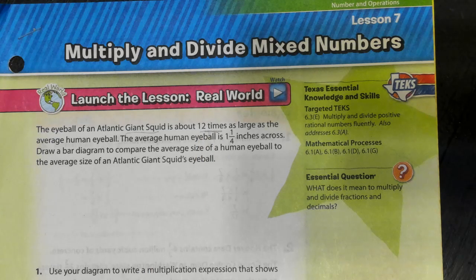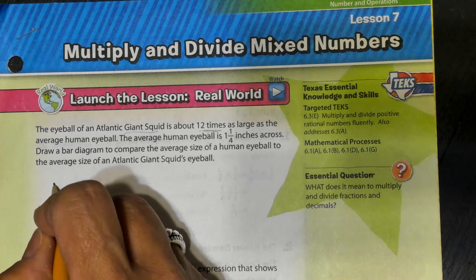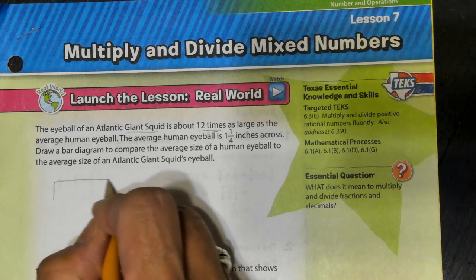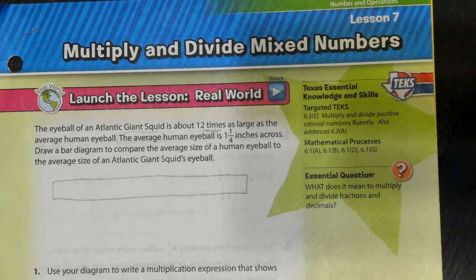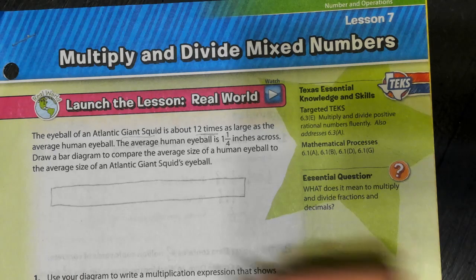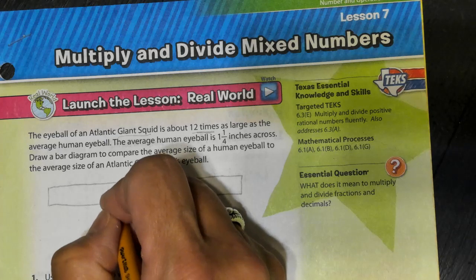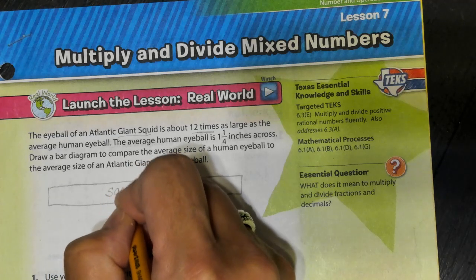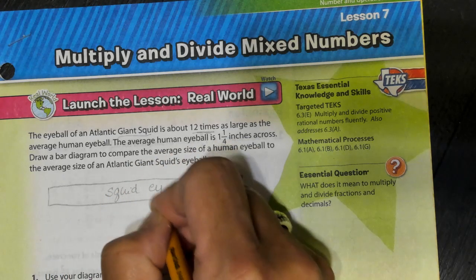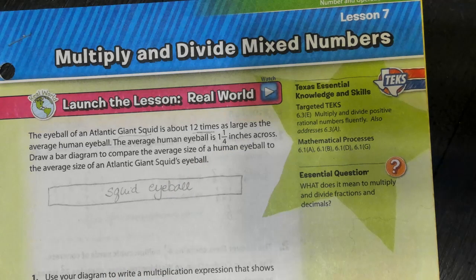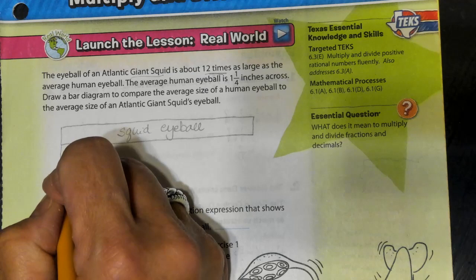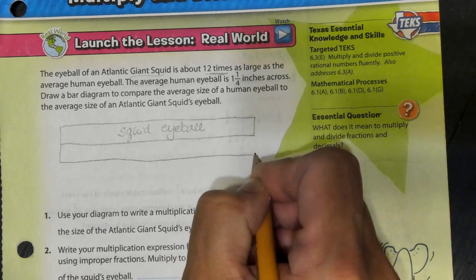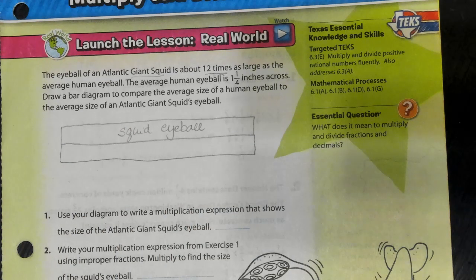Okay, so I'm going to draw a big fraction strip, bar, whatever. That's going to be the squid eyeball. Then right below it, I'm going to draw another one. Don't judge me on my drawing.